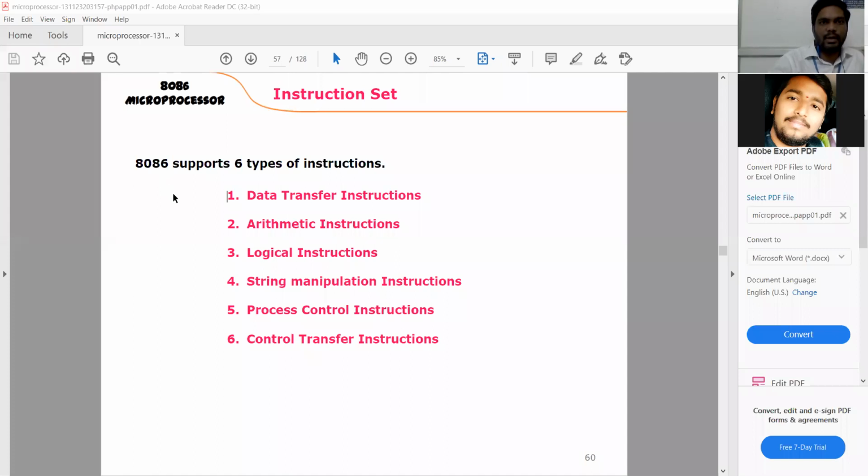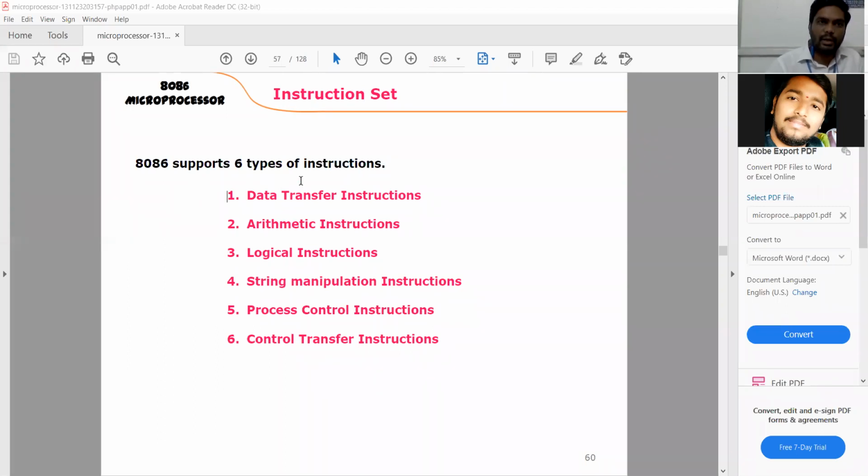The first type is data transfer instructions. Next are arithmetic instructions, logical instructions, string manipulation instructions, process control instructions, and control transfer instructions. This classification is based on the type of operations they perform.